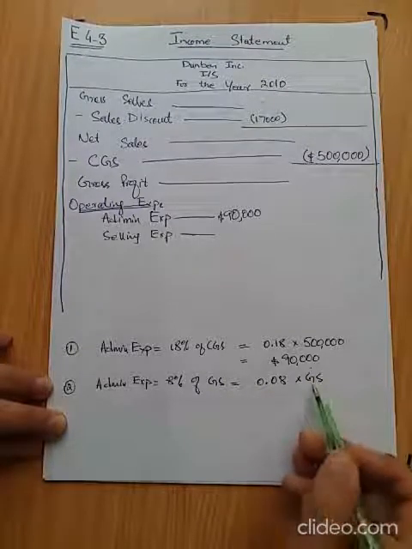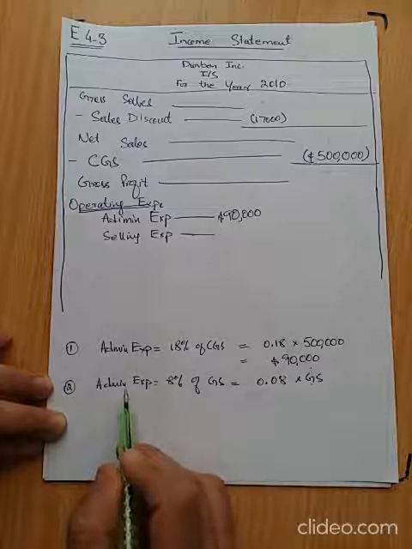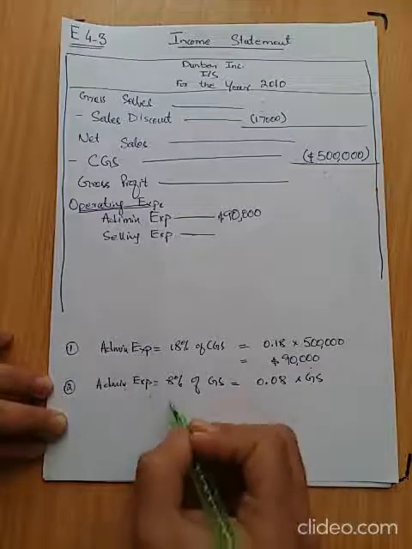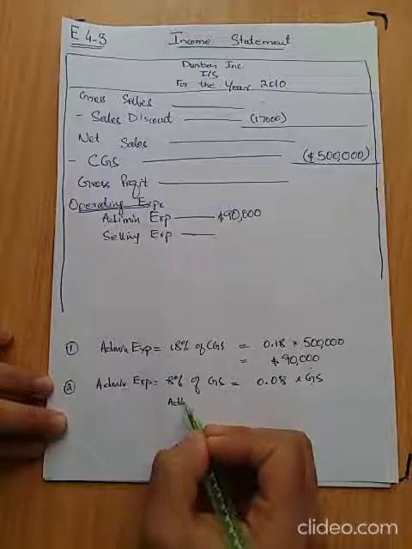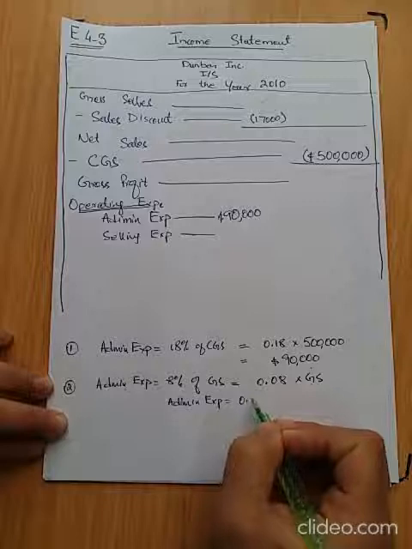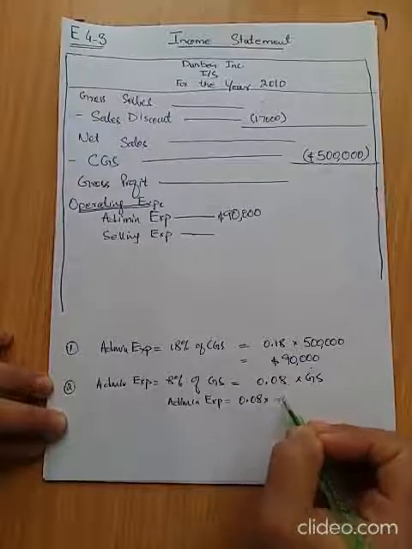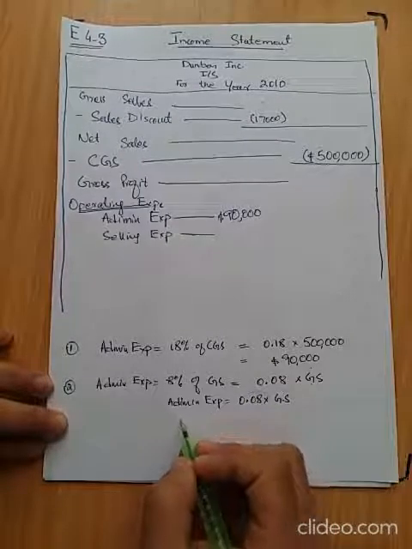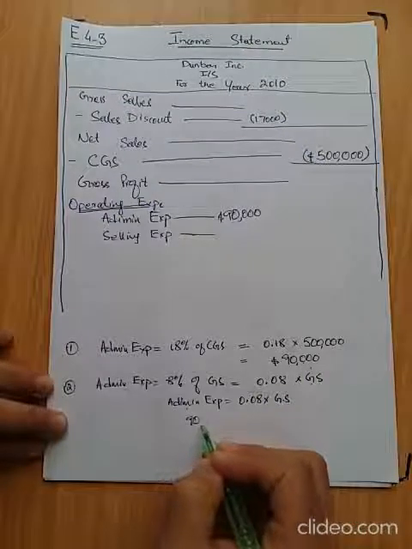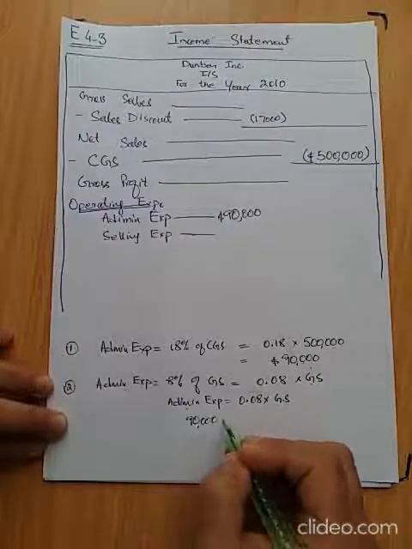Now I don't know the gross sales figure, but I do know the figure of admin expenses. So this equation can be written as admin expenses equal 0.08 multiplied by gross sales, and admin expenses are $90,000, which we have already calculated in the first step.